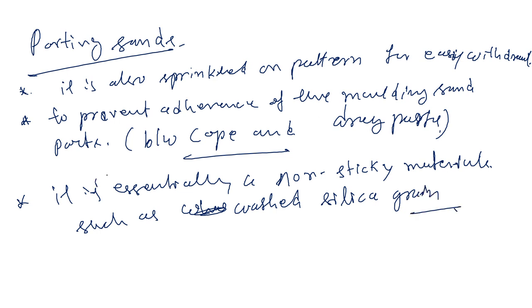So parting sand is sprinkled on the pattern for easy withdrawal. Second is to avoid the adherence of the molding sand parts like cope and drag, and it is applied between the cope and drag and some other surfaces formed in the mold.